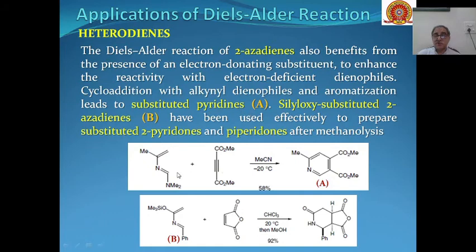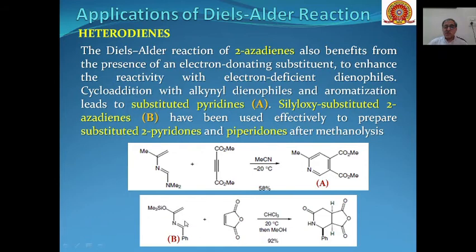You can see over here substituted azadienes on reaction with these types of acetylene dicarboxylates in the presence of acetonitrile give us substituted pyridines as the product, and these are heterodienes which are effectively used for 4+2 cycloaddition reactions.